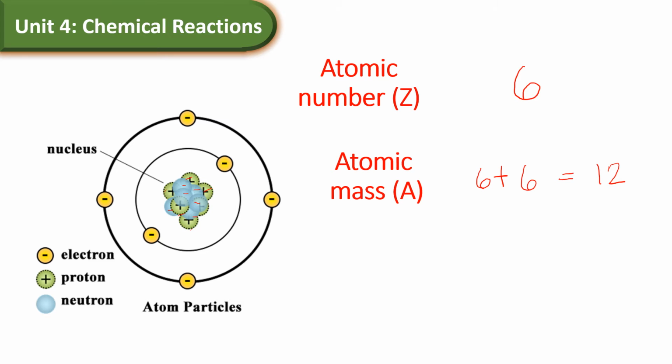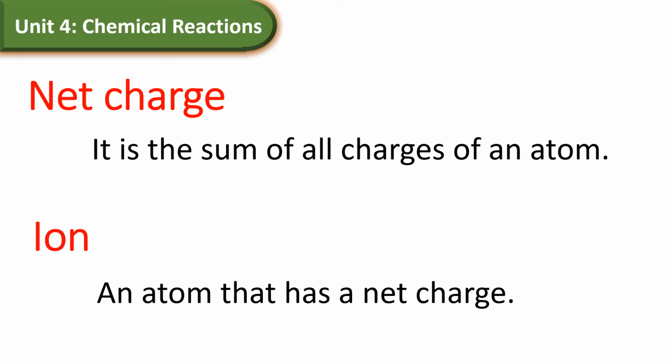Now, let's add another term, which we call net charge. So, what is a net charge? A net charge is the sum of all charges of an atom. If you talk about charges, we are talking about the positive and the negative of your atom.